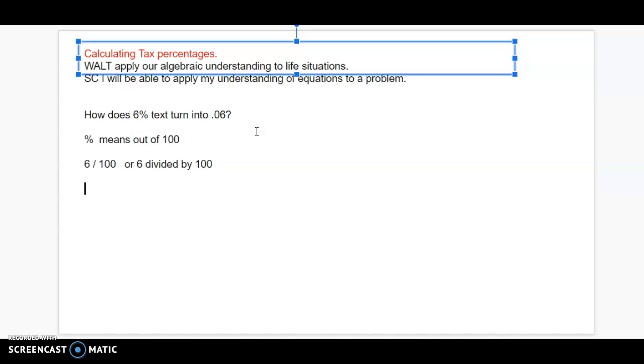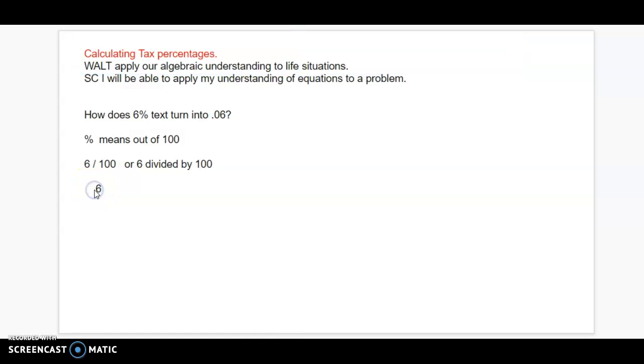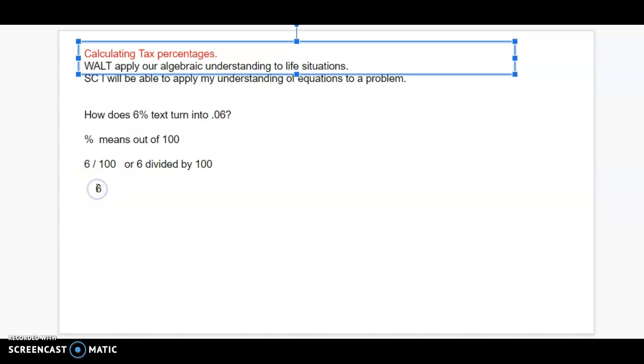If I have 6 and I divide it by 100, I bounce my decimal point back, dividing by 100 once, twice. So my new figure would be 0.06.